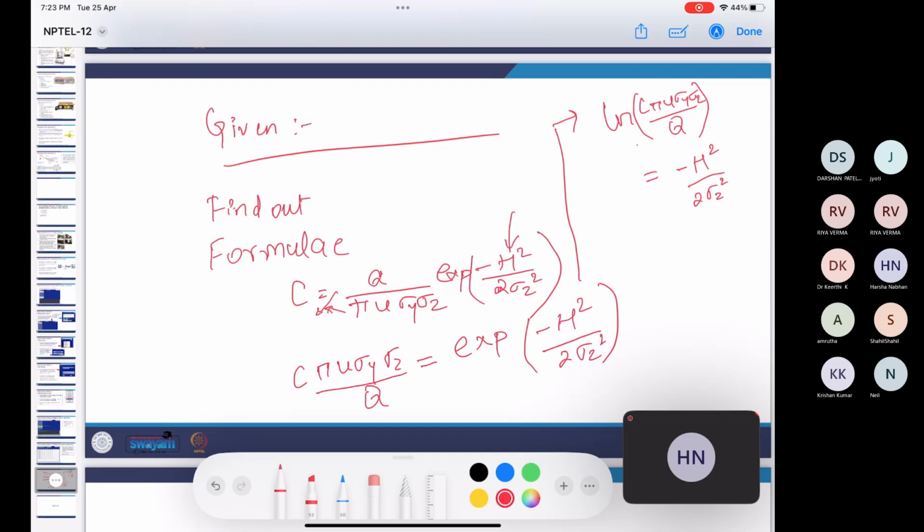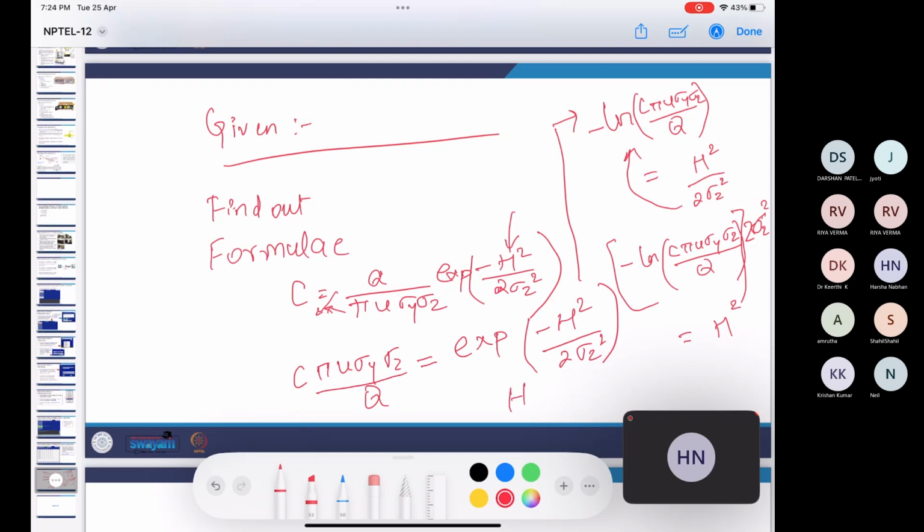Now multiply with the minus sign, so this gets removed. Then transfer it, so minus of ln of C pi u sigma y sigma z divided by Q, multiplied by 2 sigma z square, is equal to h square.